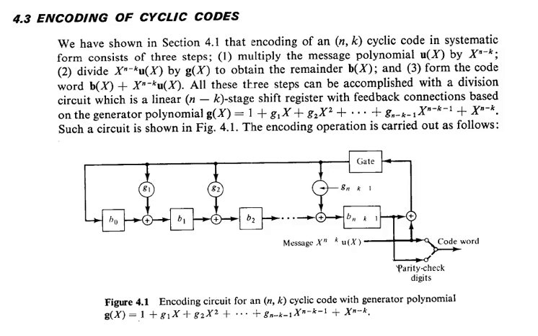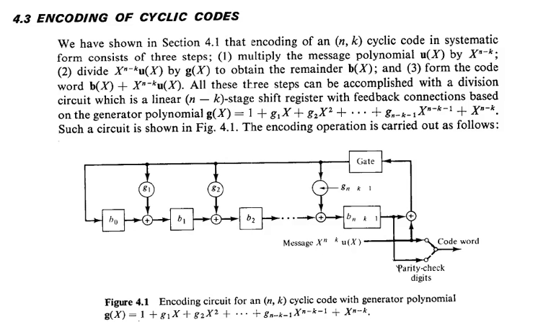For the encoding of an n by k cyclic code in systematic form, it consists of 3 steps. One is to multiply the message polynomial u of x by x raised to n minus k. So whatever the given message signal is, you must first multiply it with x raised to n minus k.